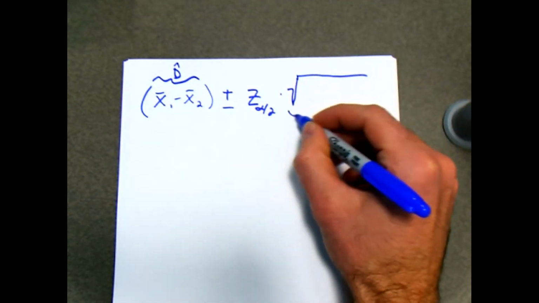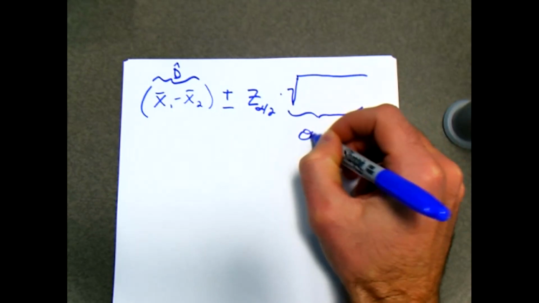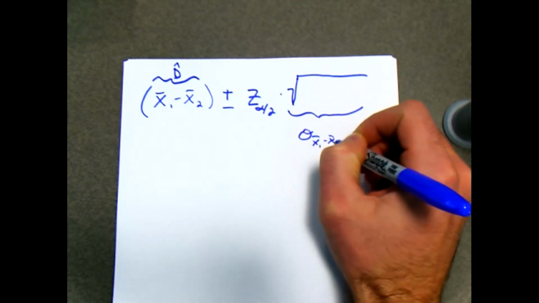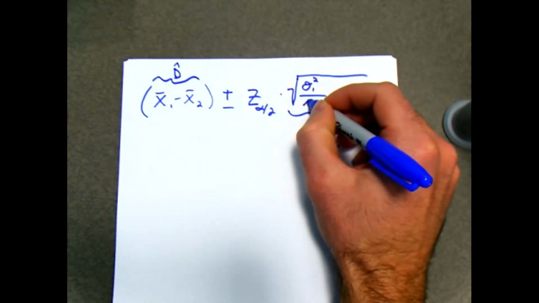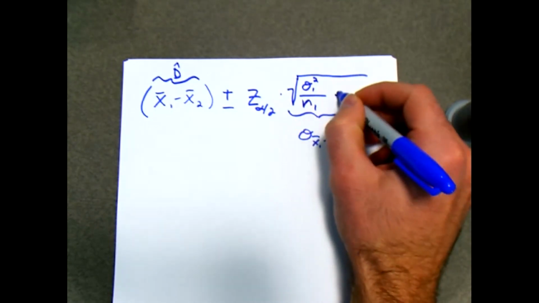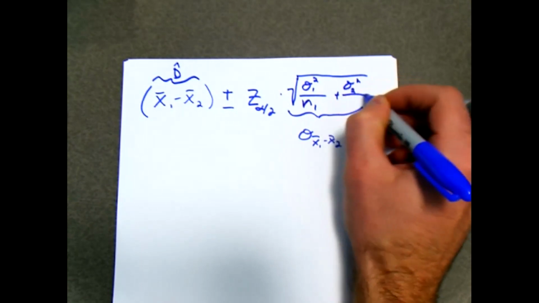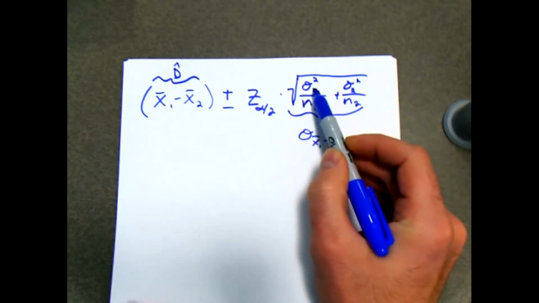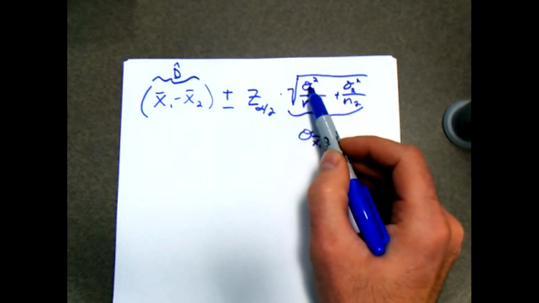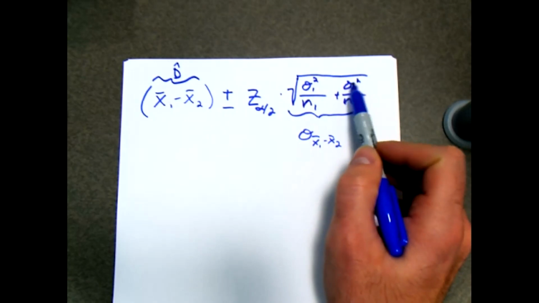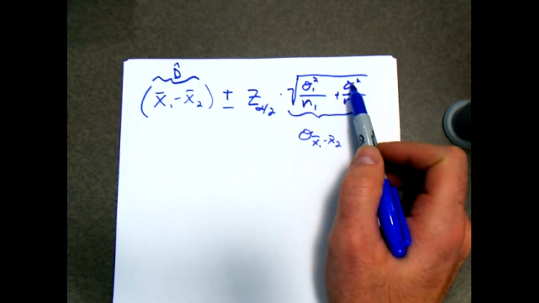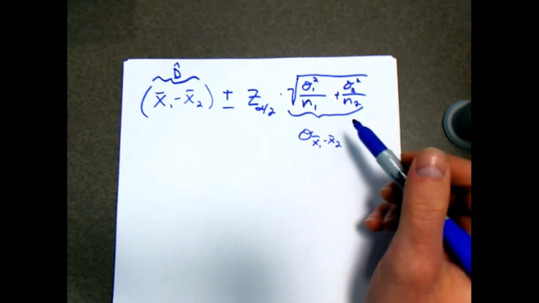And we then multiplied by the standard deviation of the difference in sample means, which was basically each sample mean's variance added together. So we took the first sample mean's variance, which is the variance from the first population data we sampled from over our sample size, added that to the variance for our second sample mean, which was the original variance of the data we sampled from population 2 over that sample size.